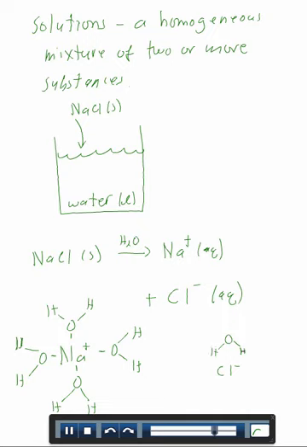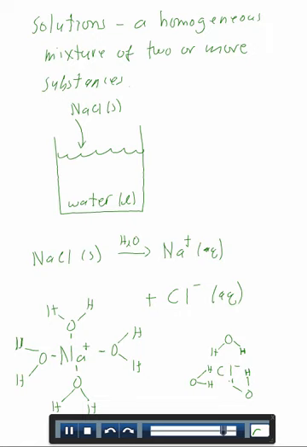In this case, I'm drawing the partially positive hydrogens around the chloride ion. And again, there's more than 3 waters around the chloride ion, but I'm just doing this for a simple picture. So these are called solvated ions.